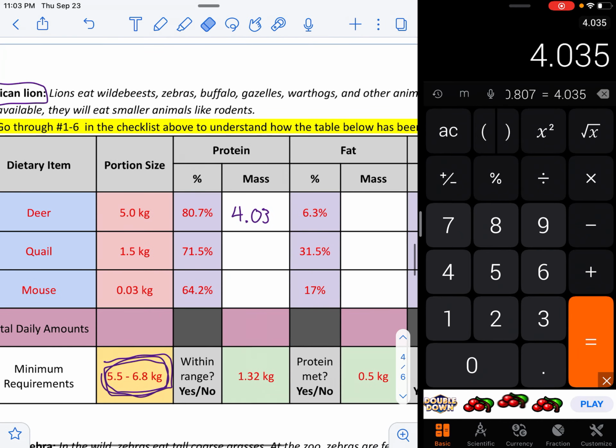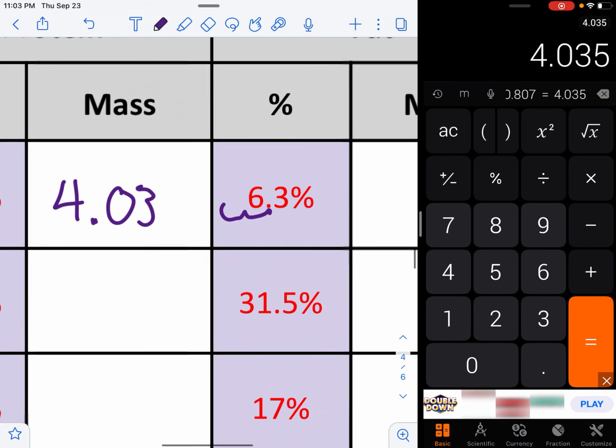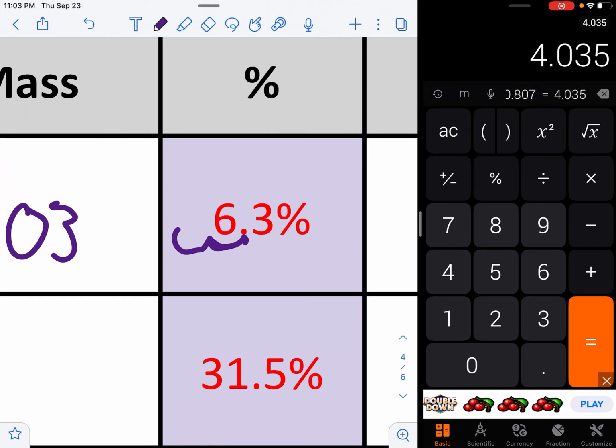If we scroll over, now we're looking at the mass of the fat. Notice how the percentage is much smaller. It's 6.3%. I have to do the same thing, though, to get this percentage to a decimal. I move this decimal over twice. 1, 2. But notice, in that second jump, there's no number, so I pretend like I have to put a 0 there.